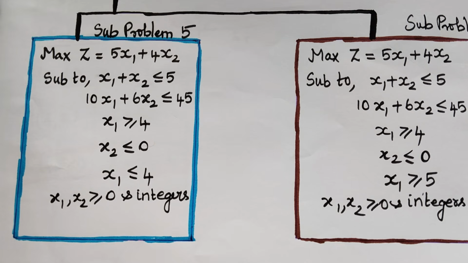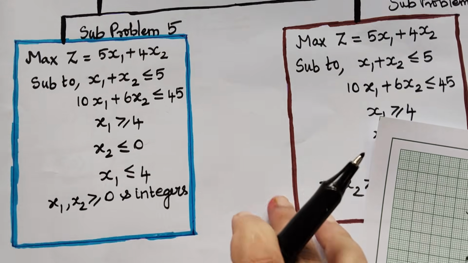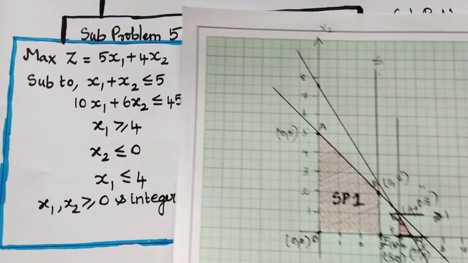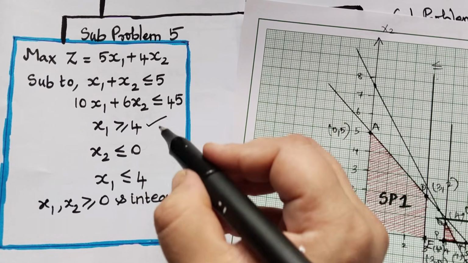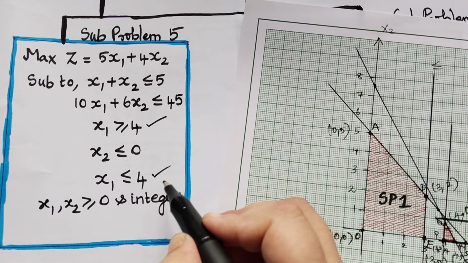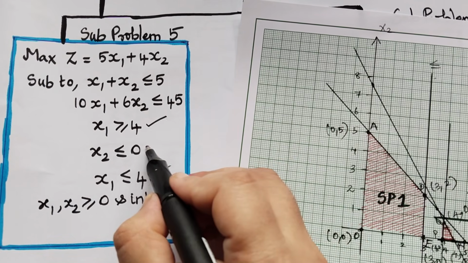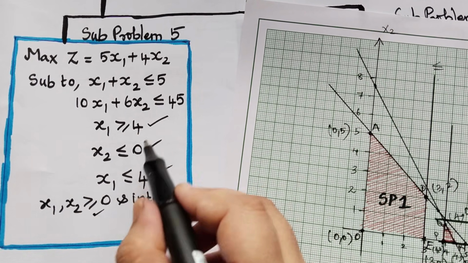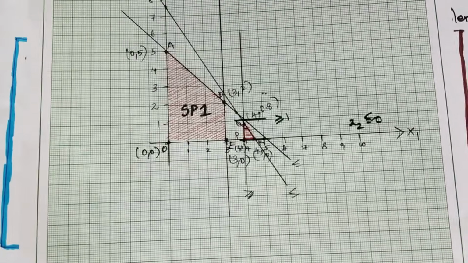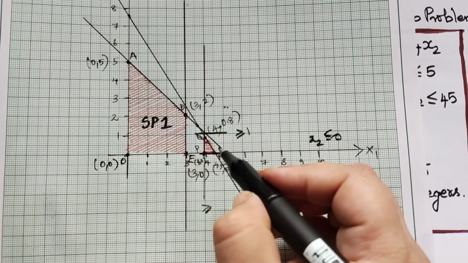Now for subproblem 5, if you see the graph, we have x1 greater than or equal to 4 and also x1 lesser than or equal to 4. We have x2 lesser than or equal to 0 and x2 greater than or equal to 0. So it will be one single point, and that point will be 4, 0.